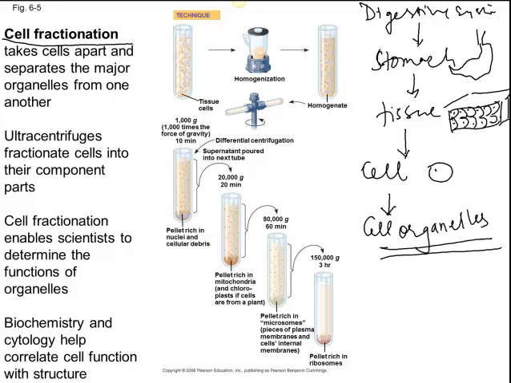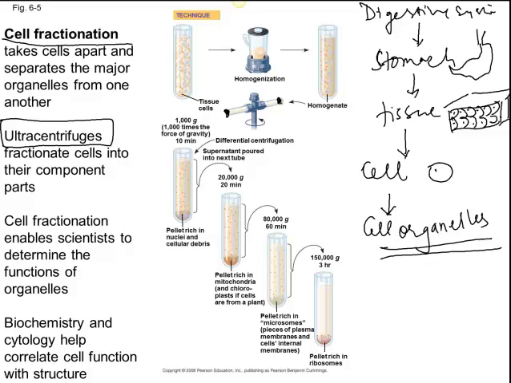This uses a particular gizmo called an ultracentrifuge. Now this is a centrifuge. A centrifuge basically uses centrifugal force, and it rotates round, kind of like this, and the heavier material settles at the bottom of the test tube, and the lighter material is on the top of the test tube.